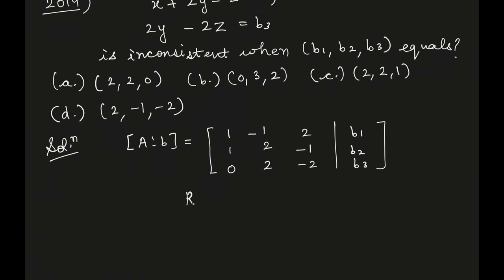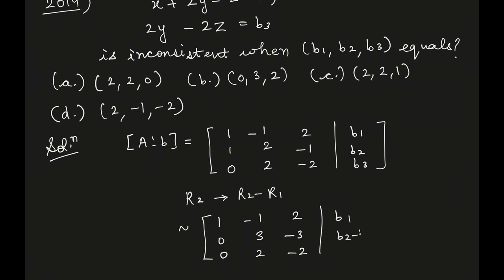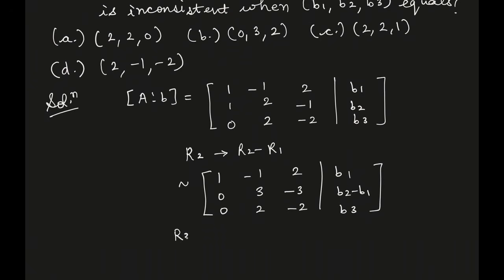So R2 tends to R2 minus R1, then we will get 1 0 0, minus 1 3 2, 2 minus 3 minus 2, b1, b2 minus b1 and b3. Now R3 tends to 3 times R3 minus 2 times R2.